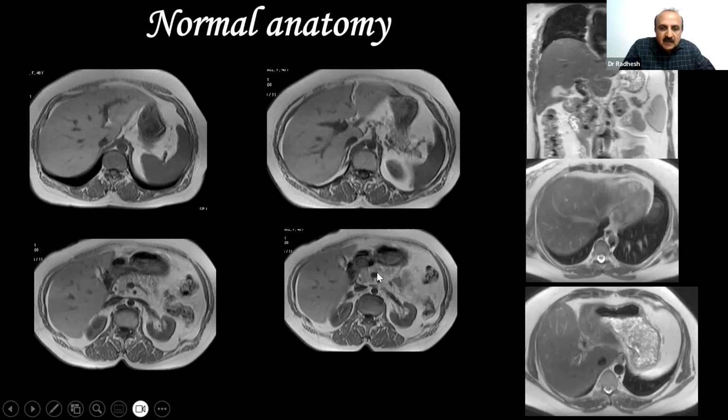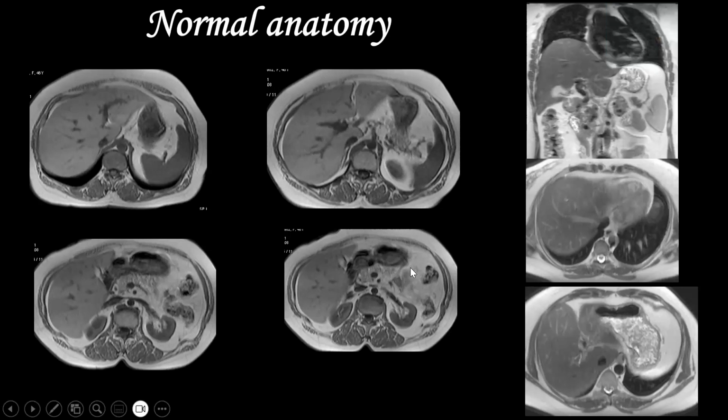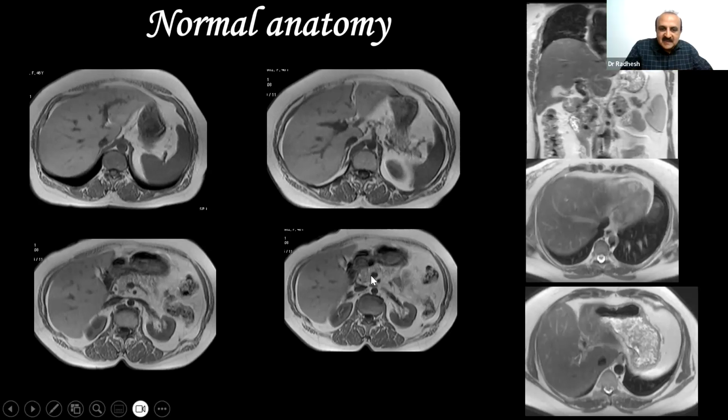Now, if you look at a flow void there, where I am showing you, what is that structure? Flowing blood. SMA? SMA will be to the left of SMV. SMV. Okay, so this is SMV. This is the uncinate process, which is behind the SMV, like a hook-like projection. You can see this, it curves medially.